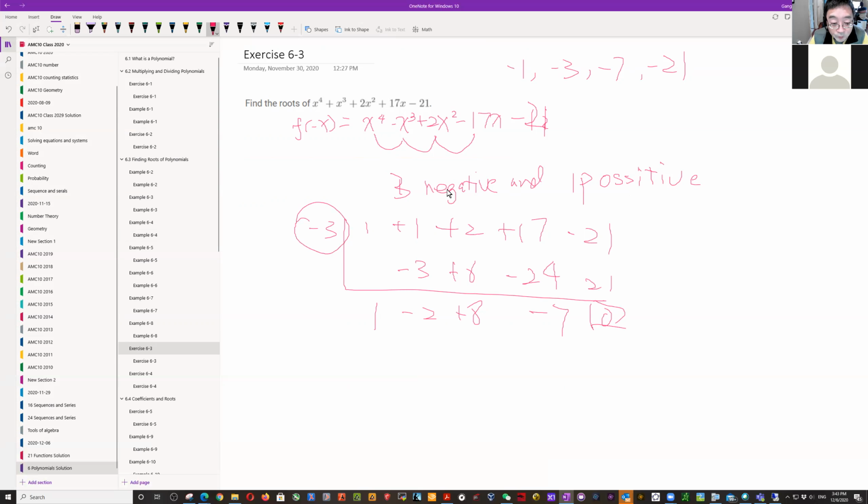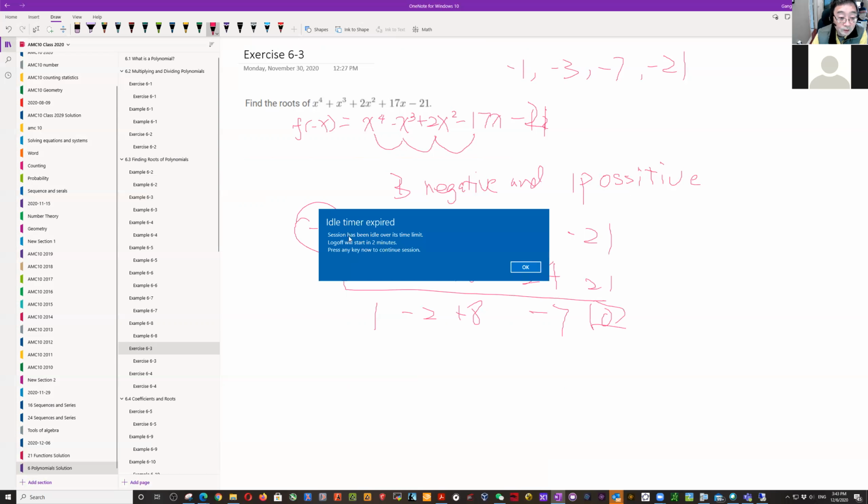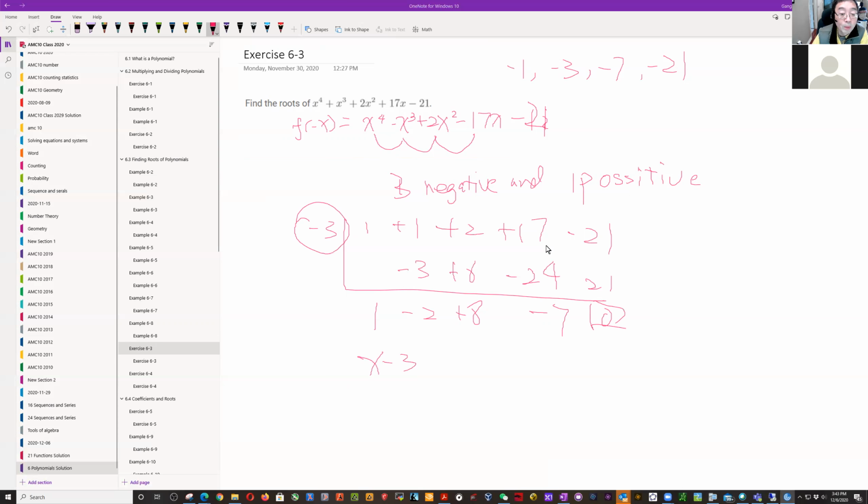So basically, here we actually got another solution, that x equals -3.